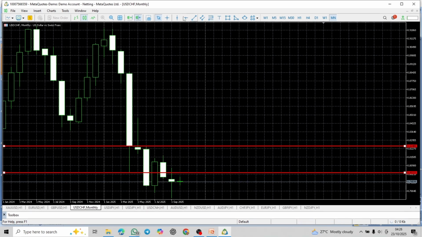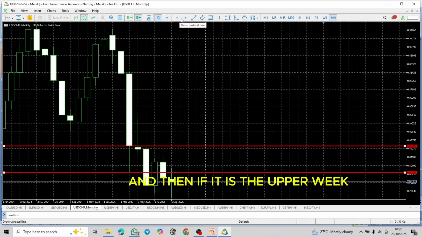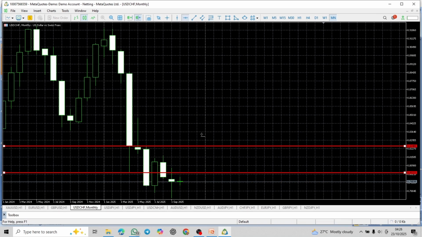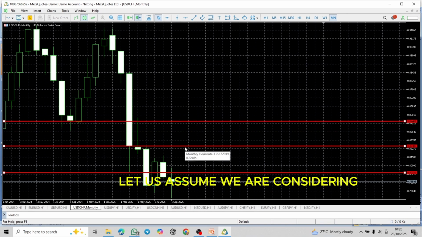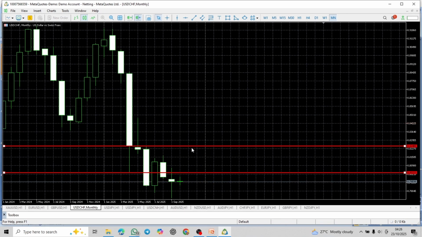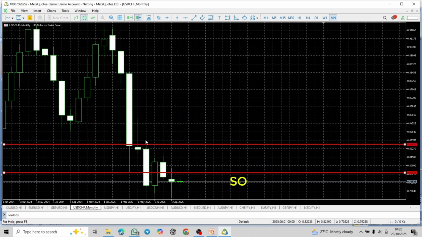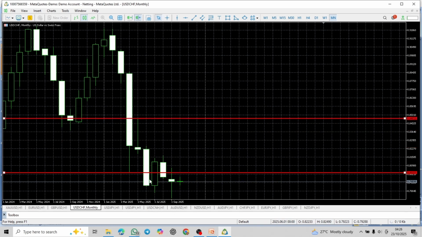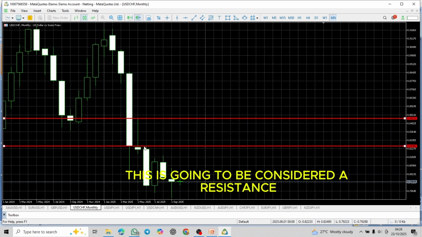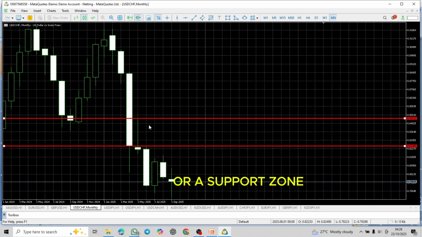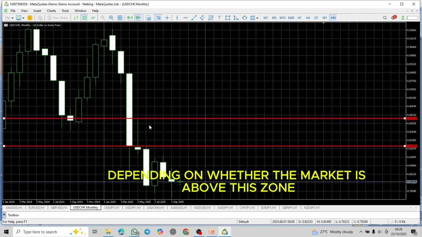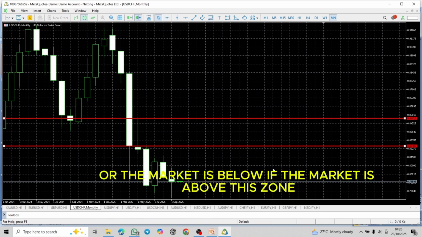And then if it is the upper wick, let us take another one. Let us assume we are considering this candlestick. The upper part is going to be considered a resistance or a support zone, depending on whether the market is above this zone or below it.